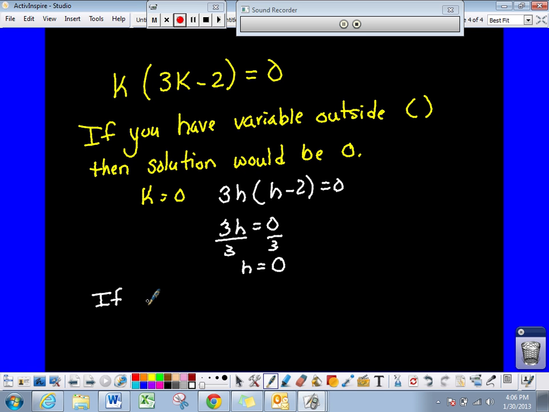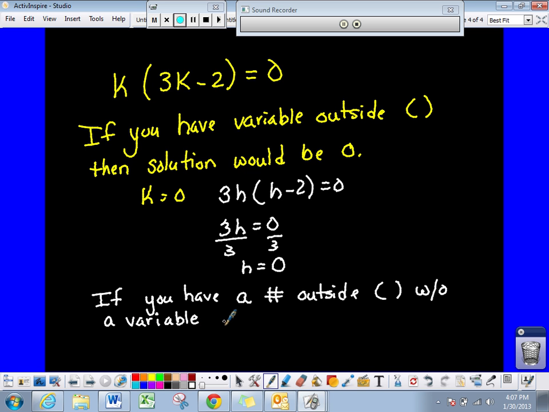Okay? If you have a number outside of the parentheses without a variable, then the solution does not exist for that term.